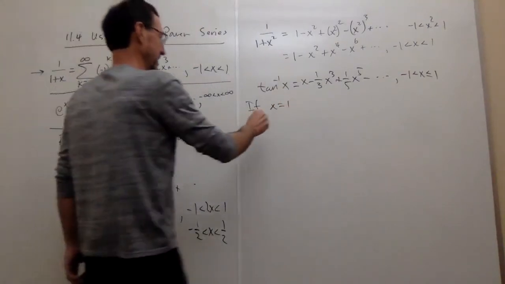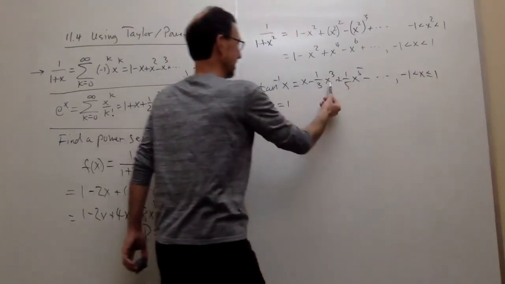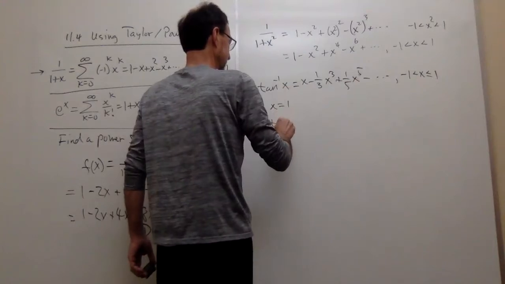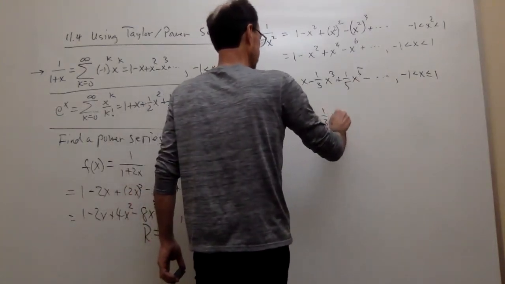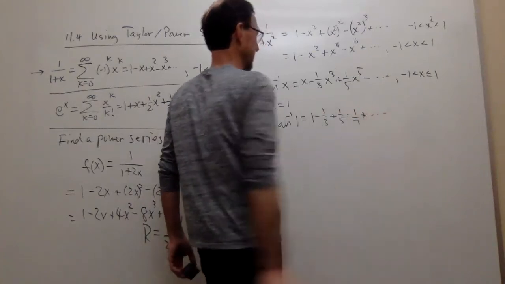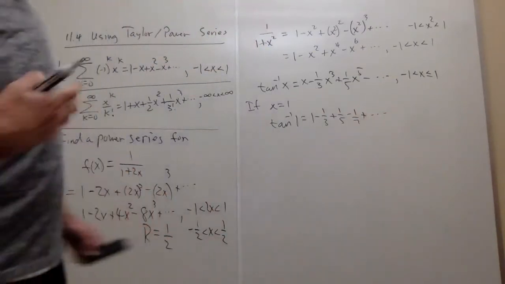Remember, for all of these x's, we get a true statement here. So I get the inverse tangent of 1 equals 1 minus 1/3 plus 1/5 minus 1/7, and so on. Now it's kind of like the alternating harmonic, except it skips the even numbers.